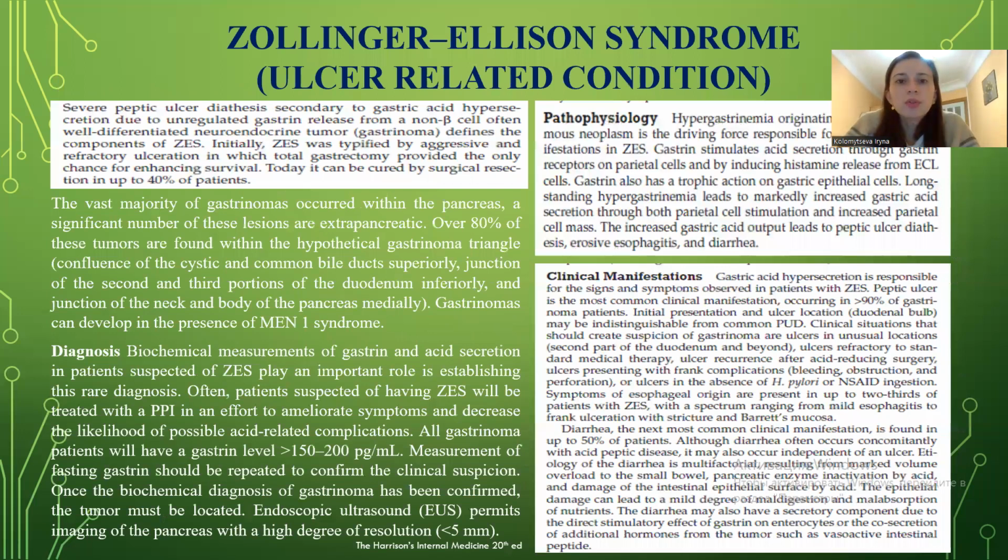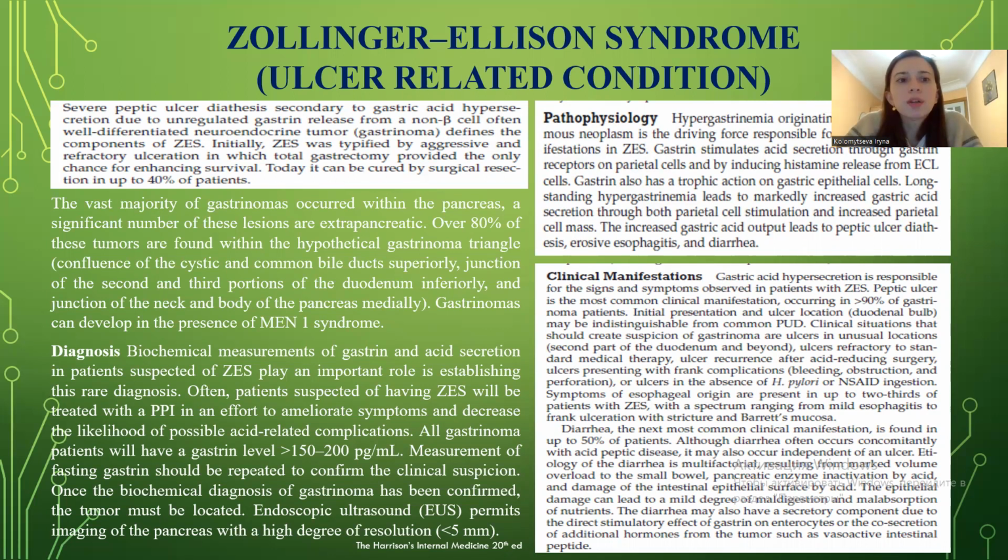And an ulcer-related condition has the name Zollinger-Ellison syndrome. It is severe peptic ulcer diathesis secondary to gastric acid hypersecretion due to unregulated gastrin release from non-beta cells, often a well-differentiated neuroendocrine tumor.